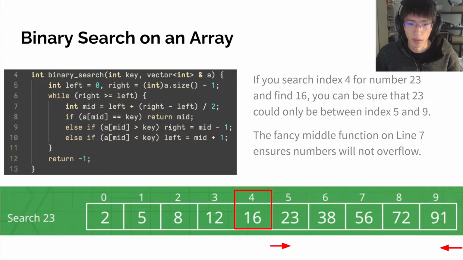Then you check if the value in the middle is equal to the key value that you're looking for. In that case, return the middle index, and else you'd shift the right over to the middle, or you'd shift the left over to the middle.